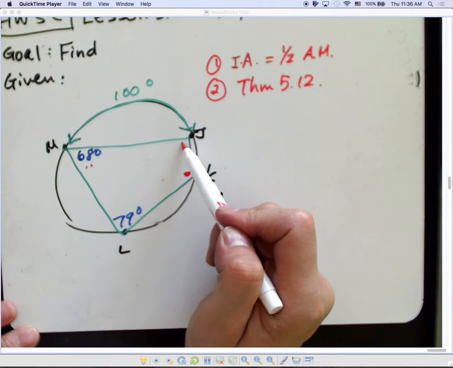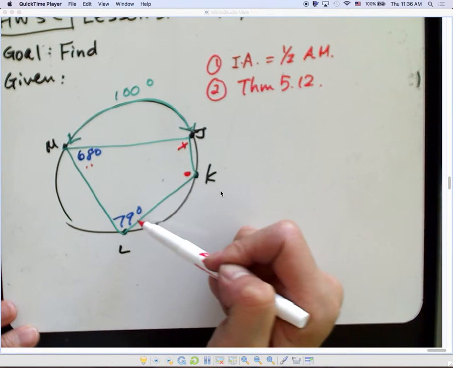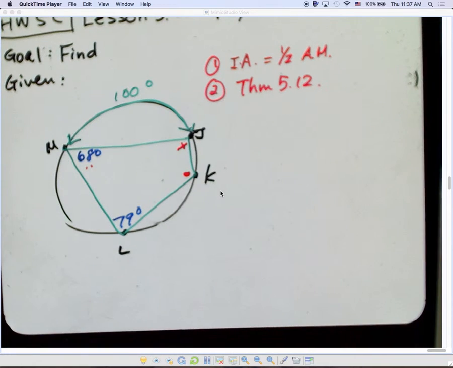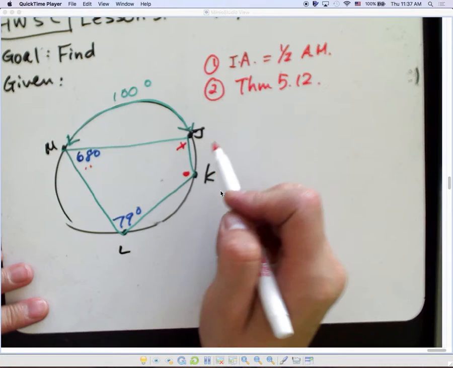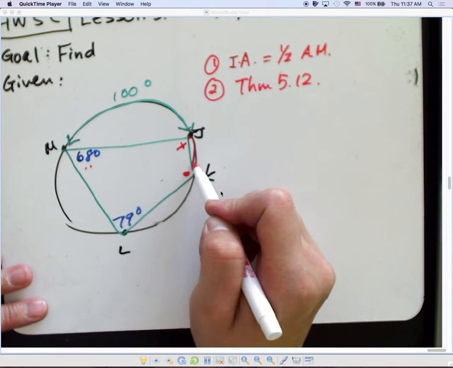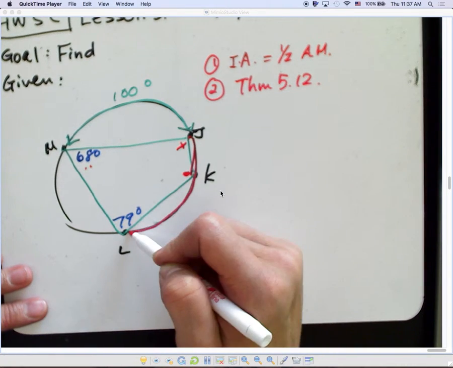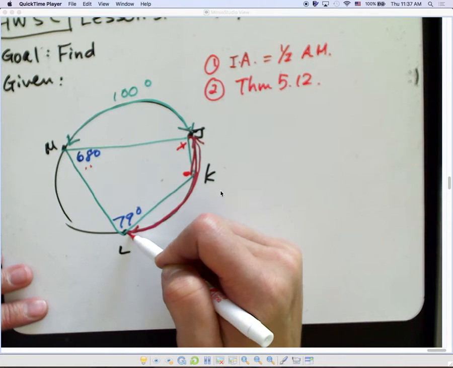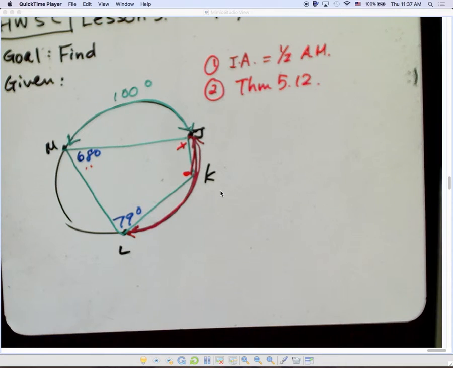Likewise, angle J and the 79 degrees at angle L must add up to 180 degrees. Also, look at arc JKL. Where is the inscribed angle of it? You can find that by using fact A.